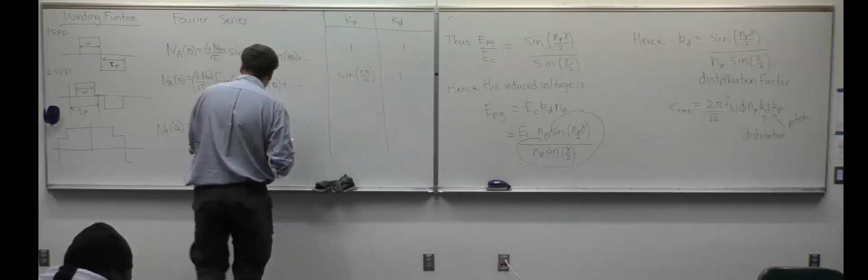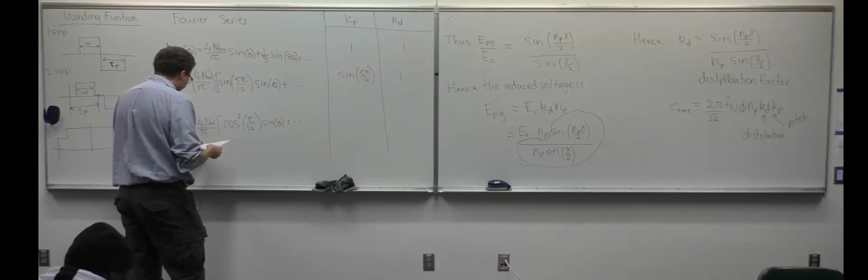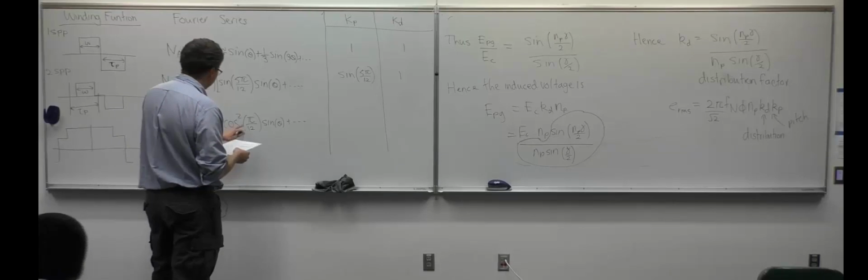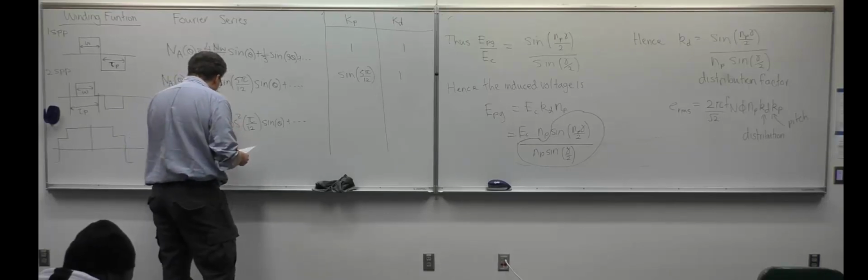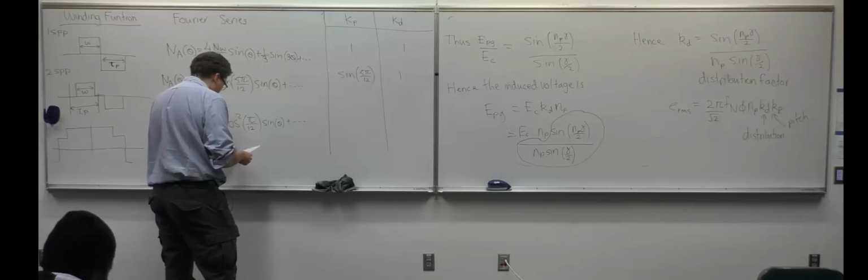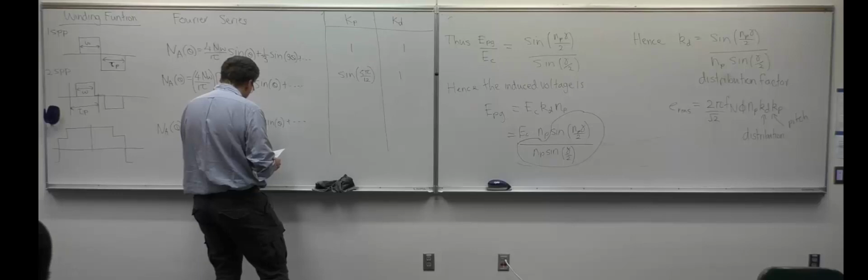This is cosine, so we can convert that to sines, because cosine pi over 12 is the same as sine 5 pi over 12, squared.